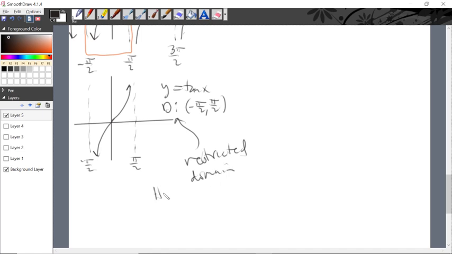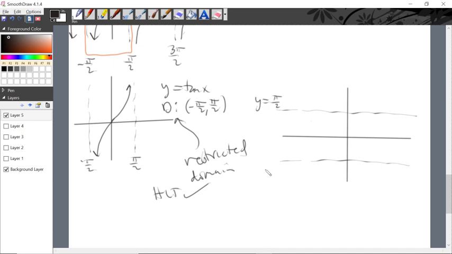Now the horizontal line test is passed, so now we can invert it. We can build the inverse by switching the x and y values. We get two horizontal asymptotes, y equals π/2 and y equals -π/2.